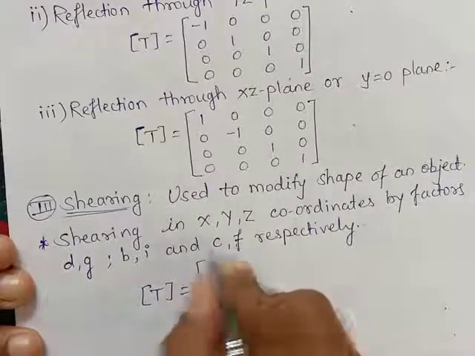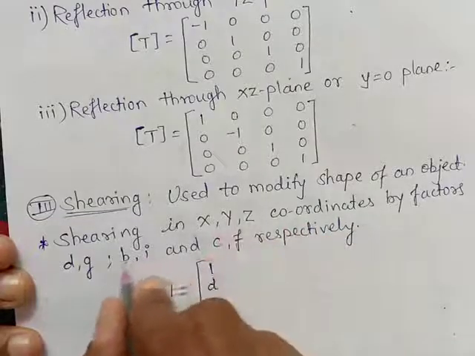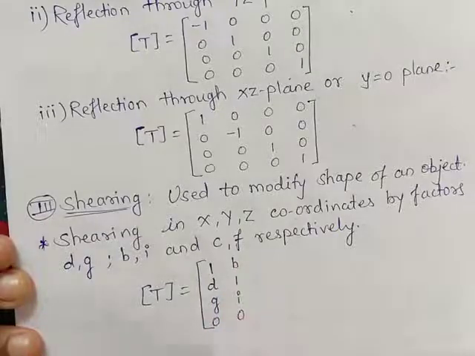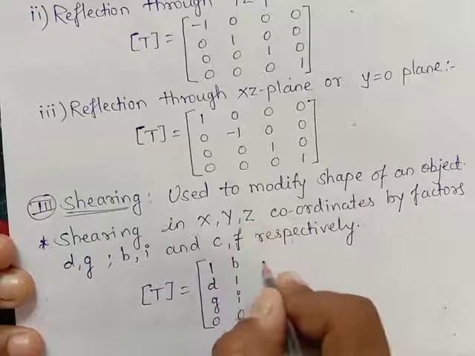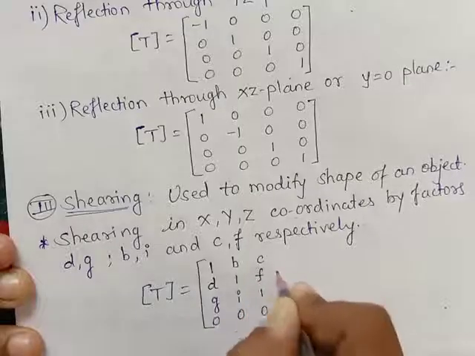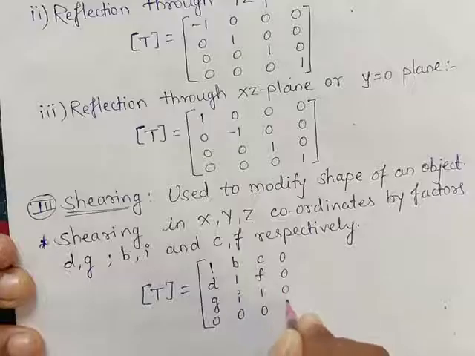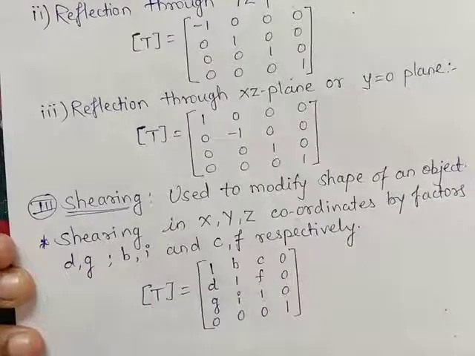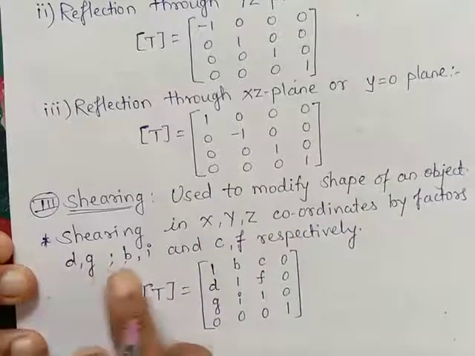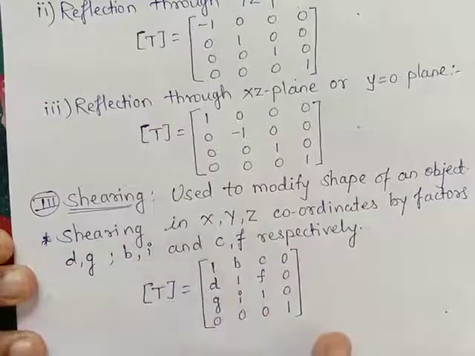Then for the y coordinate b, i, so b 1 i 0. Then for z c, f, so c f 1 0 0 0 0 1. This is the matrix of transformation for shearing in x, y, z coordinates by factors d, g, b, i and c, f respectively.